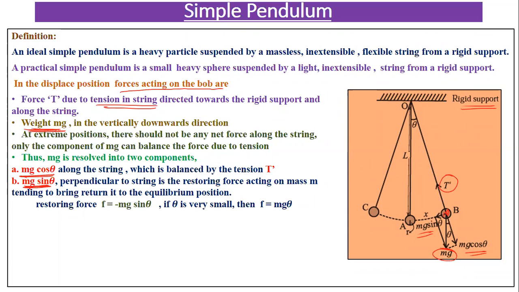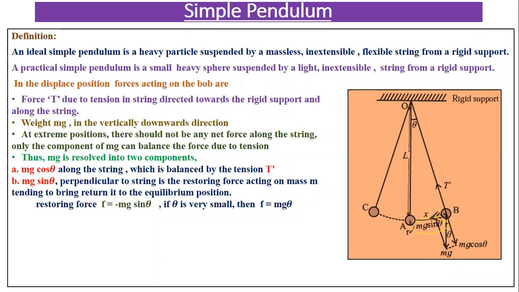Now you can see the diagram very carefully. This mg sin theta pulls the bob towards its mean position. You can see here the direction of the component mg sin theta.